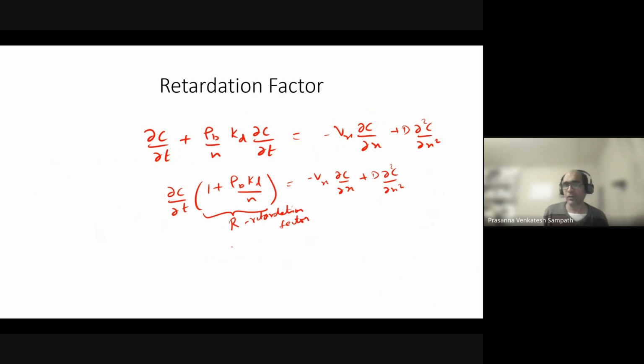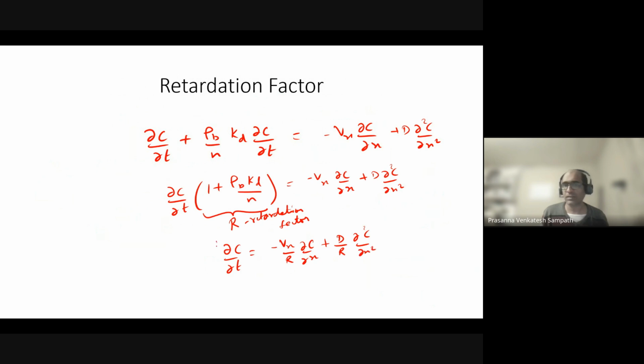Okay, so in other words, I can write this as dou C by dou t equal to minus vx by R dou C by dou x plus D by R dou square C by dou x square.